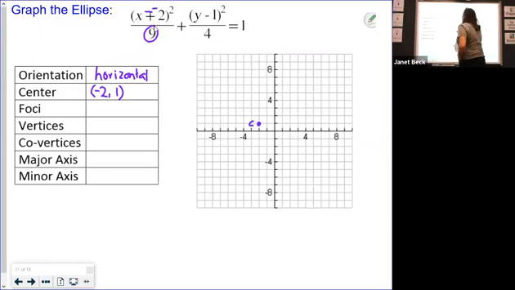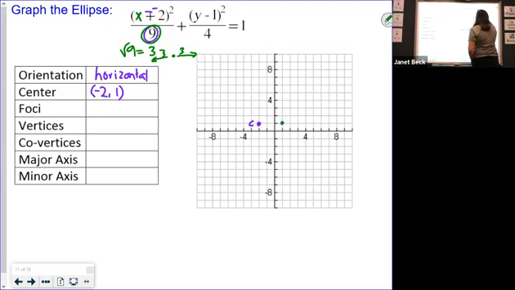Then this number that's underneath x, take the square root of 9, it will be 3. So from the center, it's underneath x, so it's telling you to go 3 left and right. In this case, I don't care which one's A and which one's B. This is under x, so it's telling me what to do horizontally. And 3 across, 1, 2, 3, 1, 2, 3.